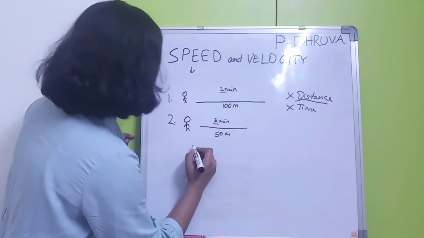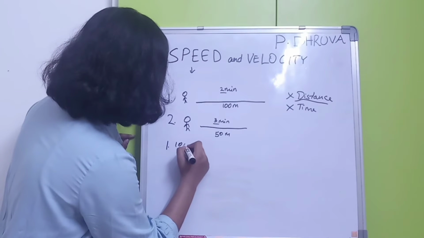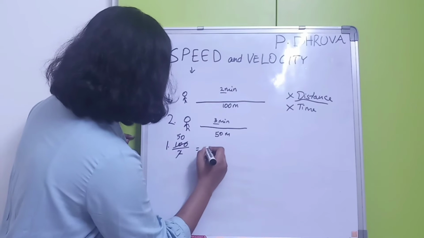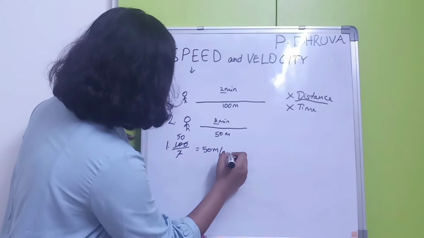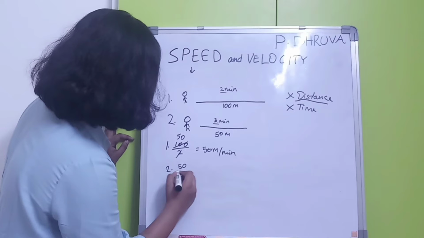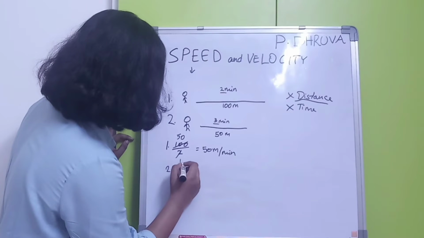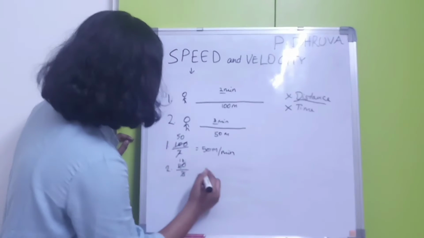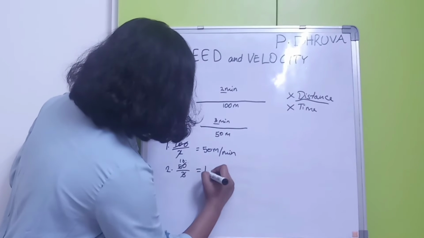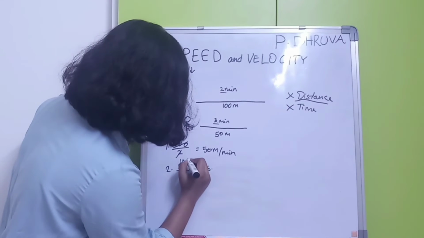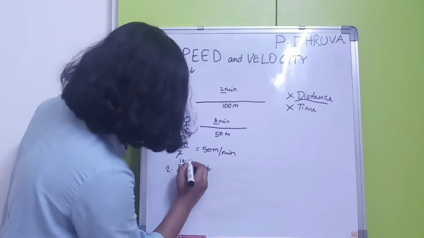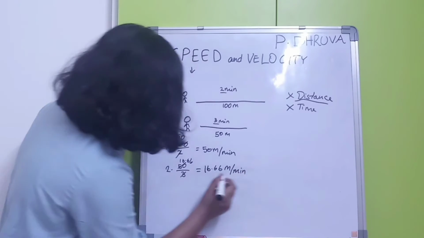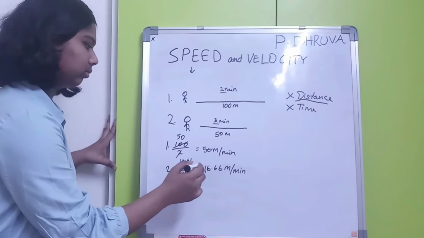Let's take the first one, 100 by 2 minutes. 50 meters per minute, and the second person, 16.66 meters per minute. We can see the speed at which they covered it.